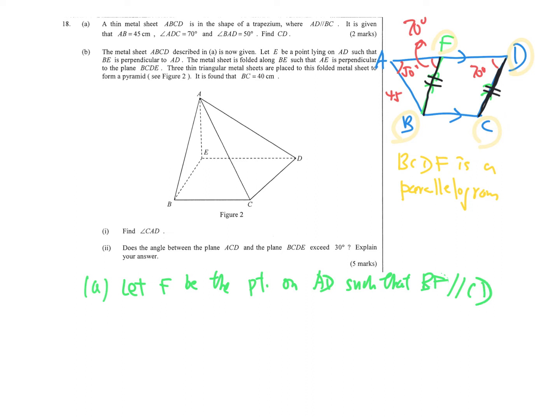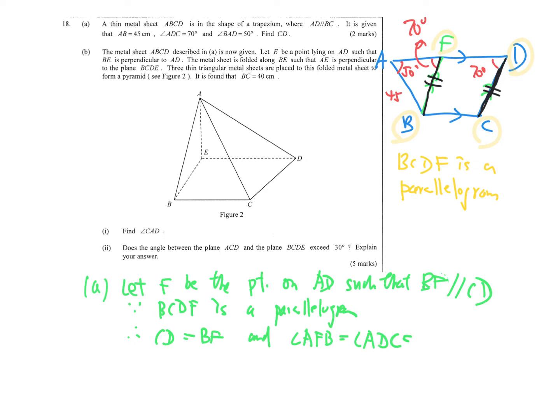Okay, so of course, as we have mentioned, since BCDF is a parallelogram, we can conclude that CD is equal to BF, and also angle AFB is equal to angle ADC, equal to 70. Okay, we have these two facts.